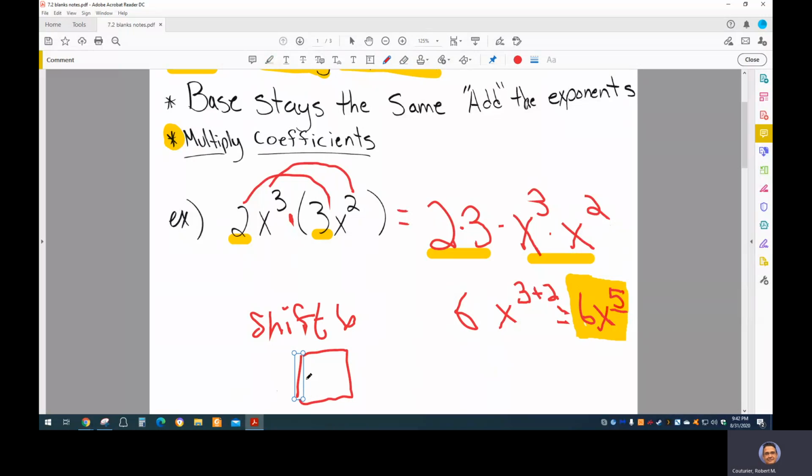You'll type 6, a raised to the b power. So you would type the 6, then you type x, you hit this button, and you hit 5. That's when we're inputting them either into calculators or we're inputting them into our math, okay? This button here is the same as hitting Shift 6, okay?